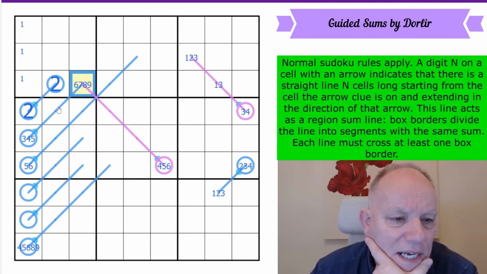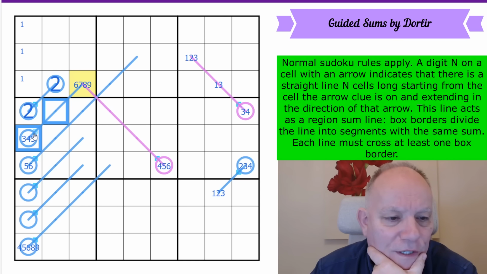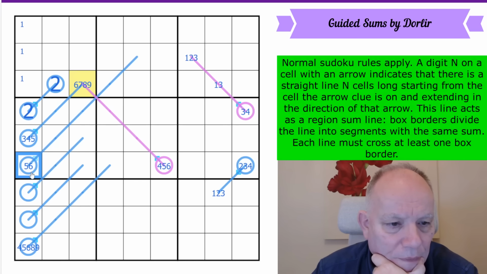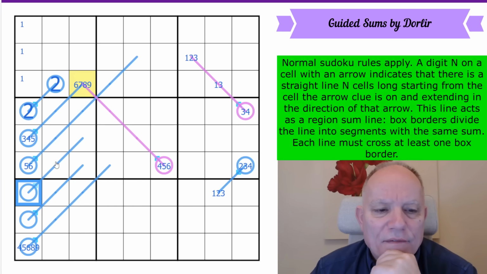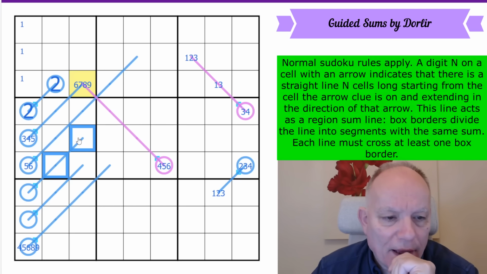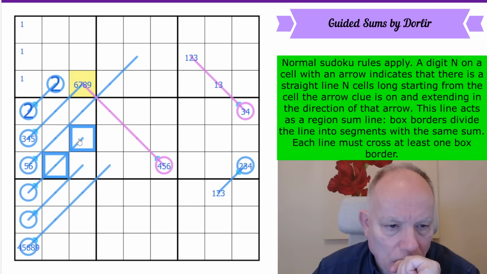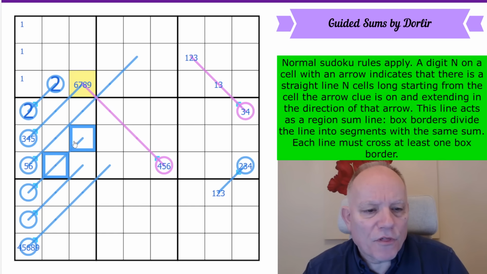Now, if it was a 6, this can't be 3, 3, or 4, 2. This would have to be 5, 1. And that digit would be a 6 as well. Now we'd have used 2, 5, 1. The only way to keep that down to 7 is if this is a 3, 4 pair. So we'd have used 2, 3, 4, 5, 1, 6.